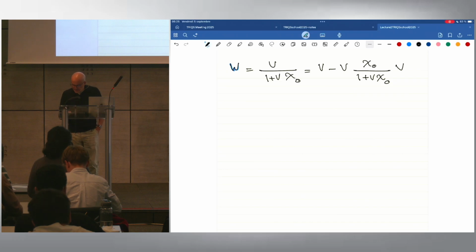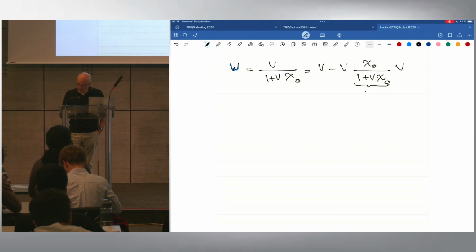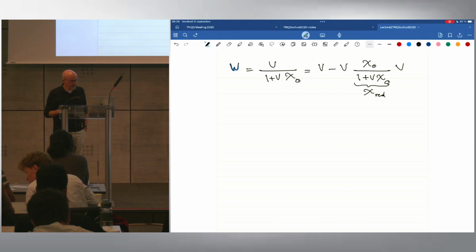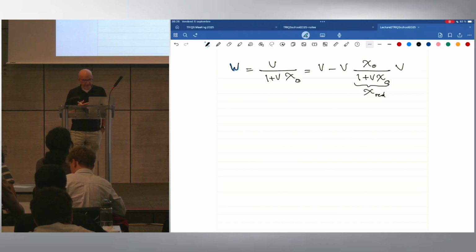And you see that this quantity here is the reducible density-density correlation function. It is the RPA approximation to chi reducible. Reducible because I can disconnect these diagrams by cutting a V line, while chi naught is just the bubble, so it's an irreducible lowest order diagram.